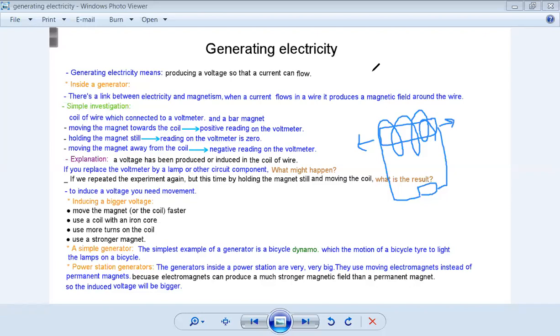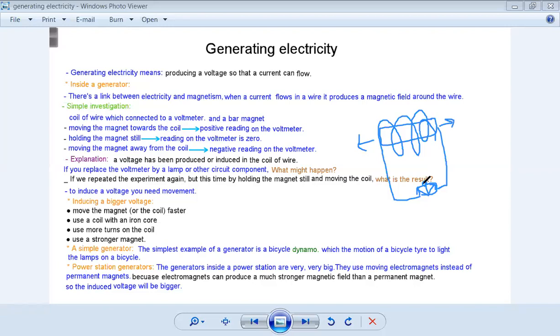So this movement will induce or produce a voltage in the wire. So the current will flow and you will get a reading. If you move the wire to the right side, you will get positive. Left side, you will get a negative reading. If you hold it still, you will get 0 here. Is it clear?